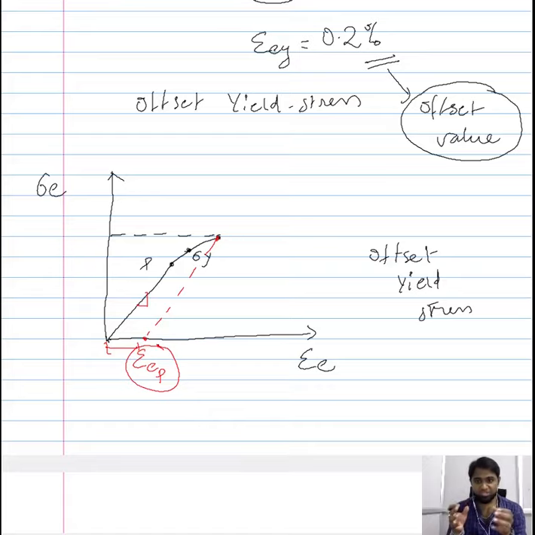So plastic deformation exclusively can be calculated at any point within the stress strain curve, by considering a line that is parallel to the elastic region, meaning the slope of this line should be equal to the slope observed in the linear region of the stress strain curve.